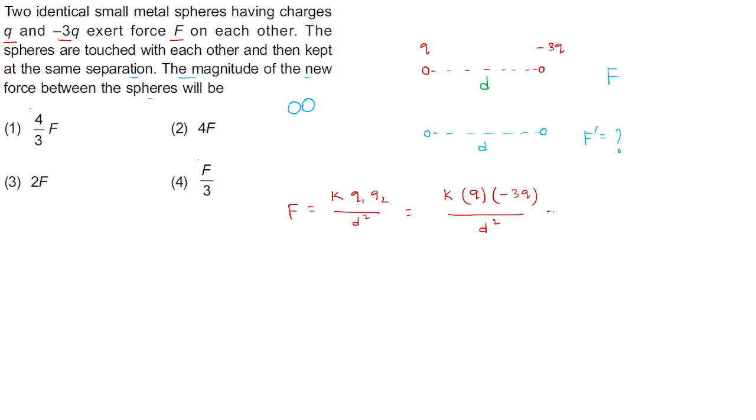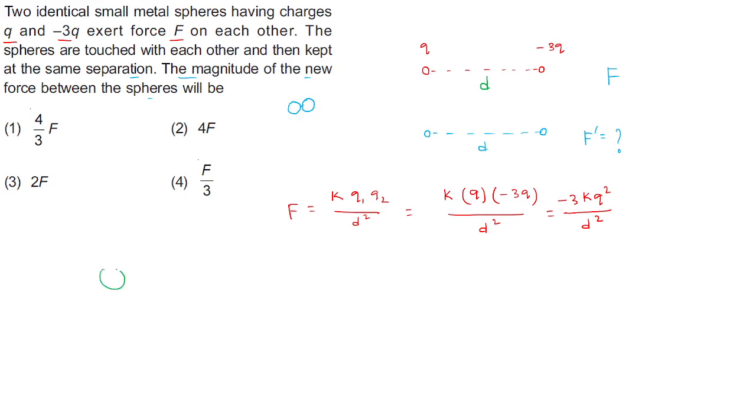It will become minus 3k q square by d square.